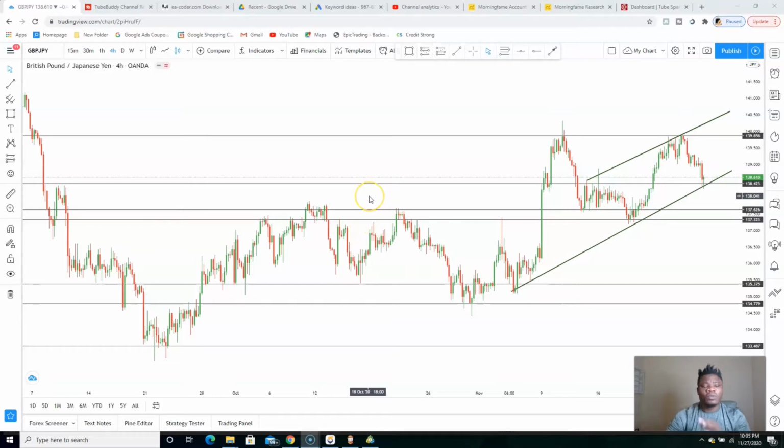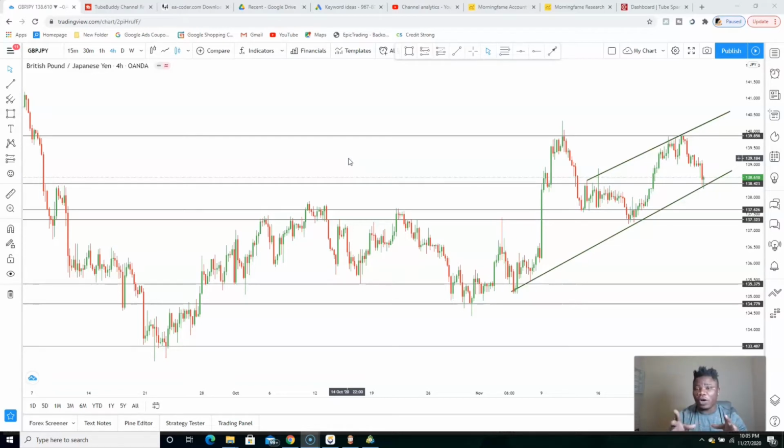So we're actually looking at GBP JPY. We're on the 4-hour time frame. So using this strategy, I trade on the 1-hour time frame, but I mark up my charts on the 4-hour time frame. Then I go to the 1-hour time frame and I place my trades on the 1-hour time frame.